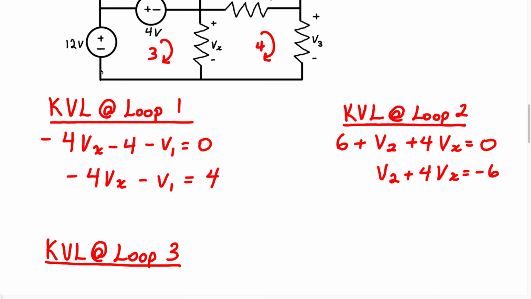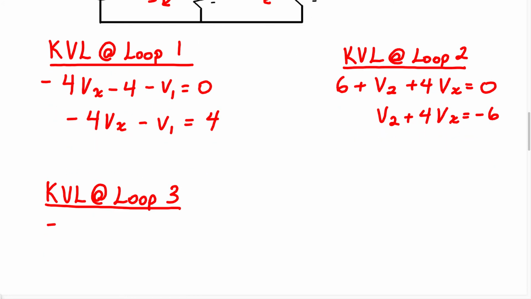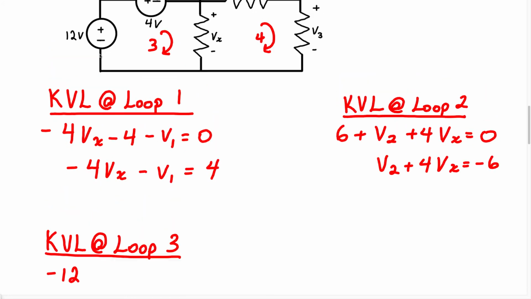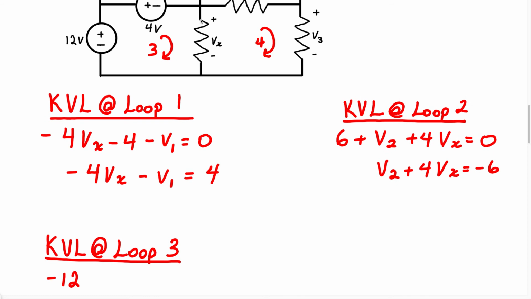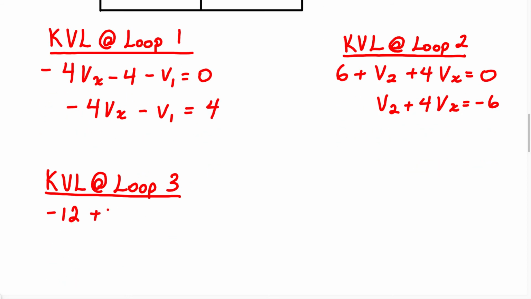That's going to give us negative 12 plus 4 plus Vx. Now we only have one unknown in this particular equation, so we can solve for Vx. Therefore, we can say Vx equals positive 8 volts. Now this is probably going to be important to us, so I'm just going to circle it.